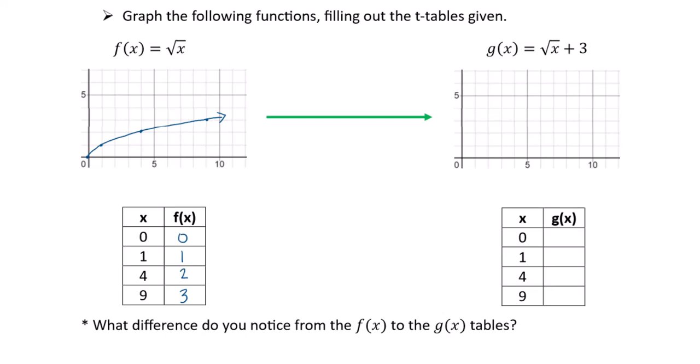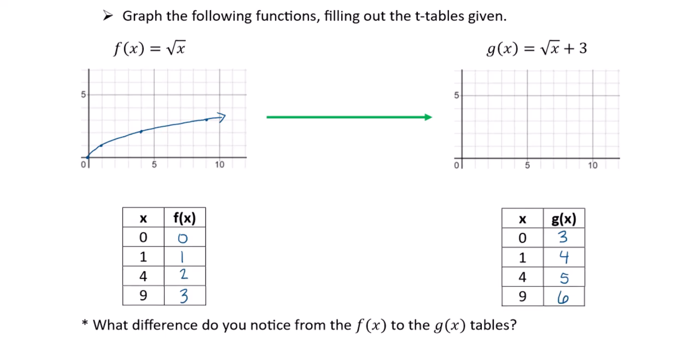So I'm going to take the square root of 0, which is 0, and then add 3. So I get 3. Square root of 1, which is 1, add 3, I have 4. Square root of 4 is 2 plus 3 is 5. Square root of 9 is 3 plus 3 is 6.